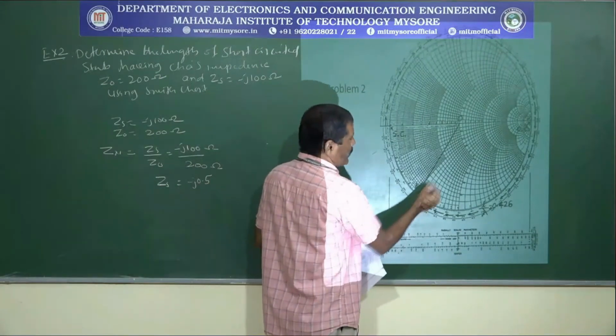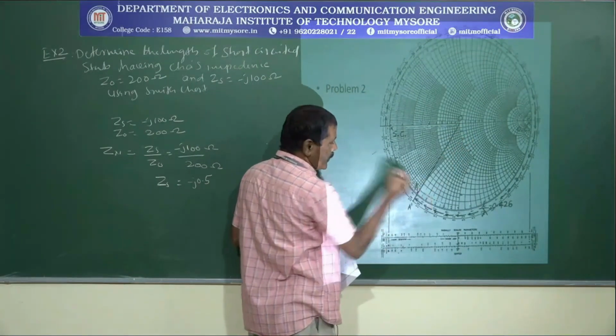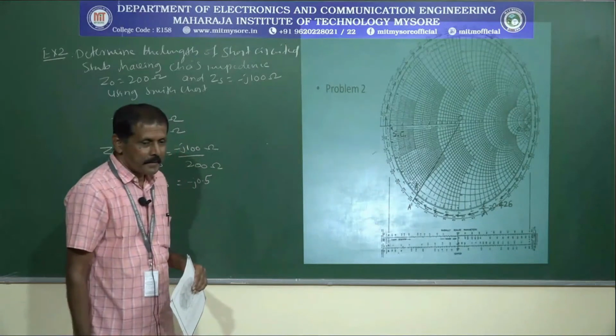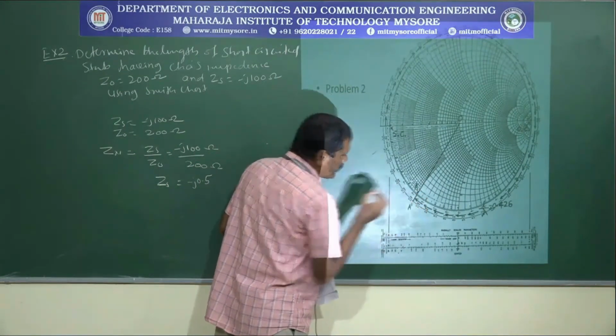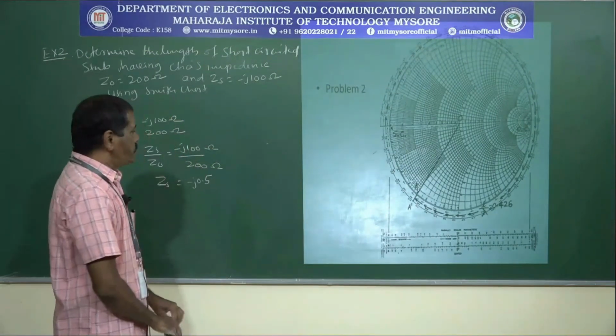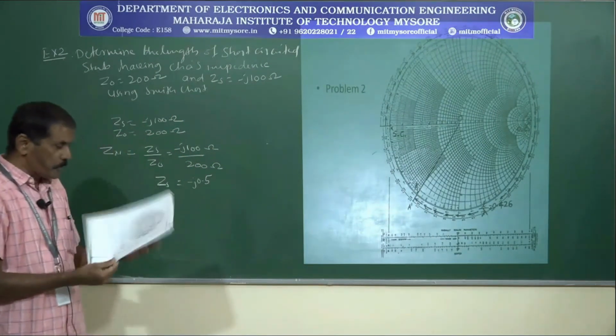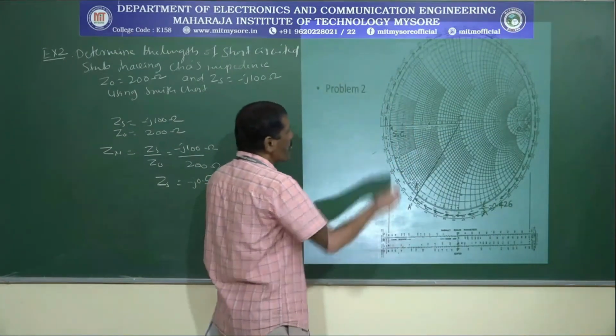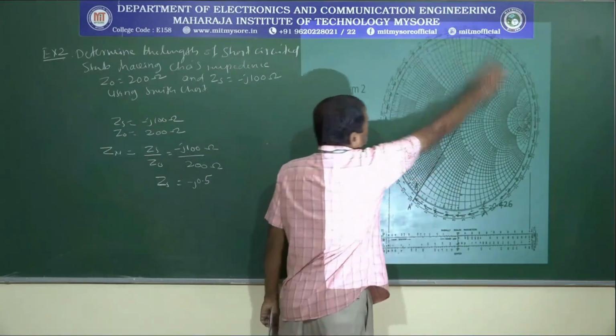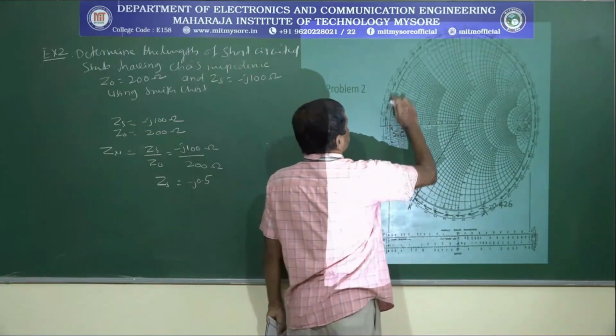Mark that 0.5 and then join this particular line up to A. Then extend this line from A to A dash. Now this is the short circuit point and this is your open circuit point. Then move toward the generator.